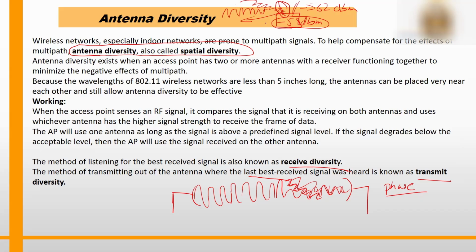When you receive multiple signals because of multipathing caused by reflection, diffraction, or scattering, both antennas receive the signal, and whichever has the better signal in terms of decibels is considered and interpreted. When you want to send the signal back, it uses the antenna on which it received the better signal. That is called transmit diversity.